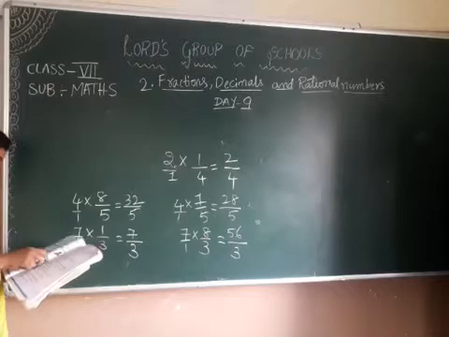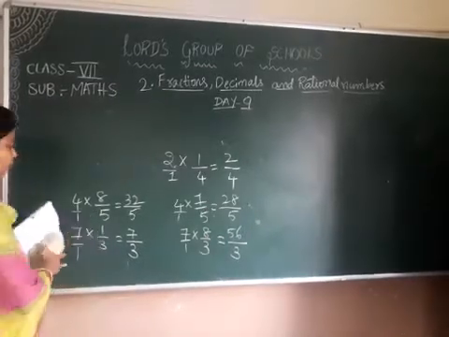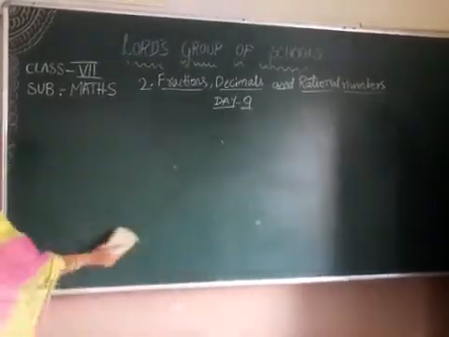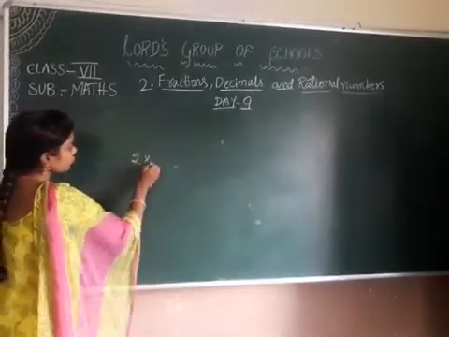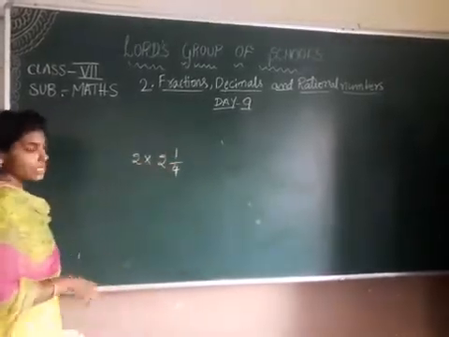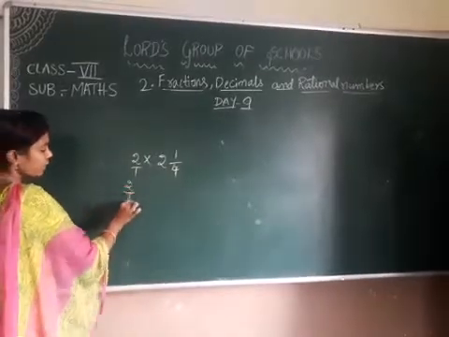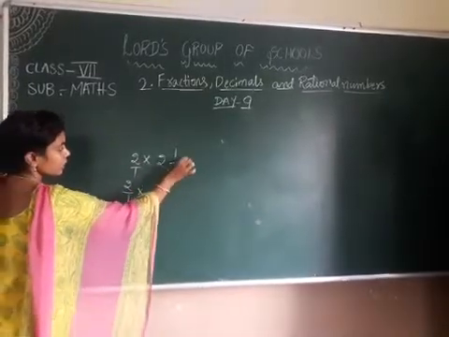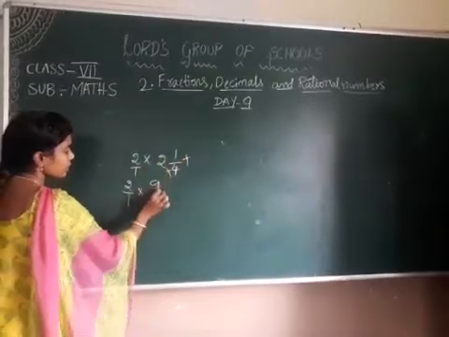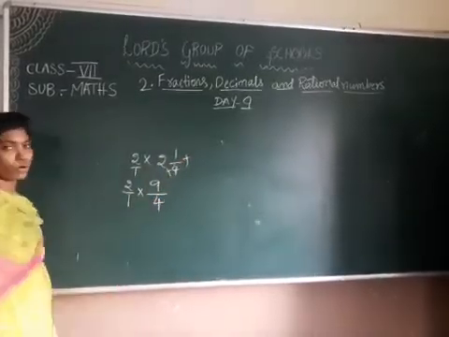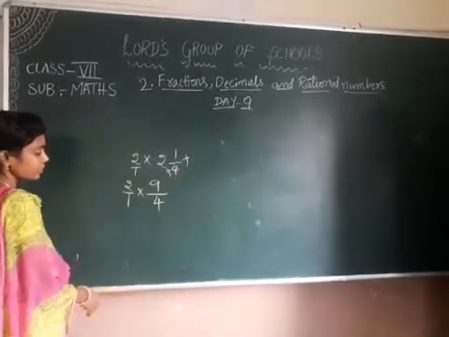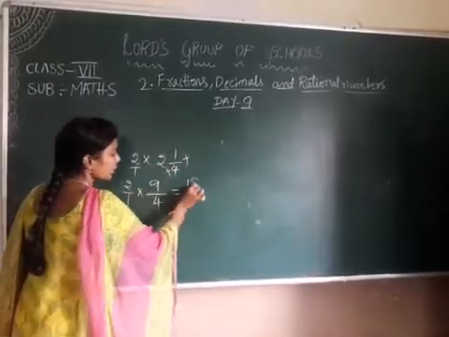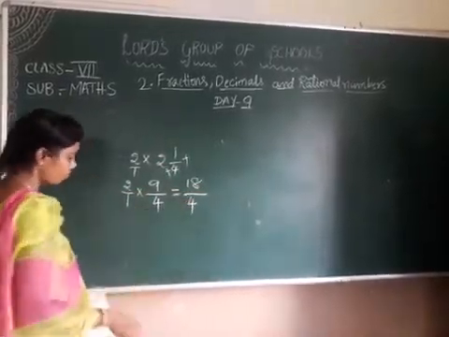Coming to a mixed fraction and a normal fraction. Sometimes we get 2 into 2 and 1 by 4. Here we keep 1 for the 2, and we convert the mixed fraction: 2 fours are 8, plus 1 is 9, by the denominator 4. So 2 by 1 into 9 by 4: 2 nines are 18, 1 into 4 is 4.